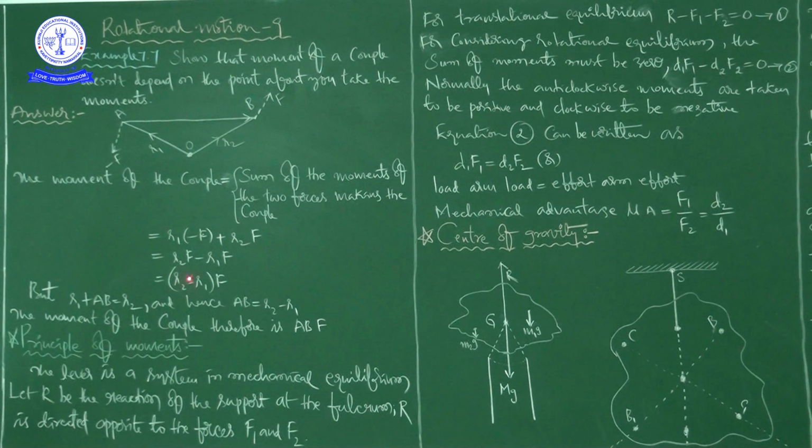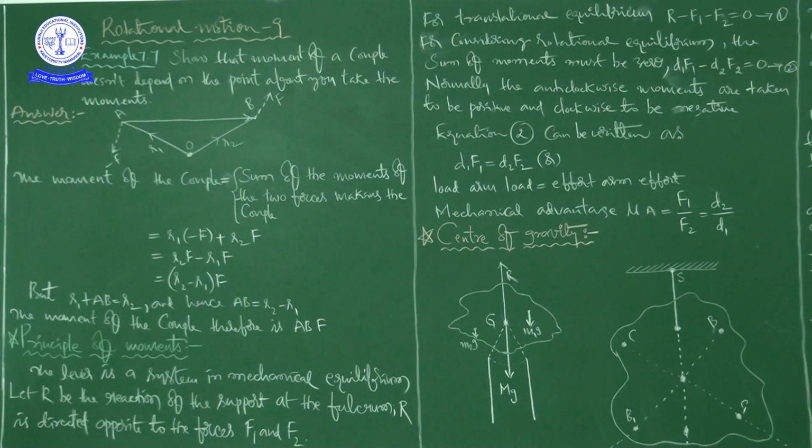And from this you can also write R1 plus AB is equal to R2. So what is AB? R2 minus R1. You write this in the equation for the moment of the couple. So what is the final answer?